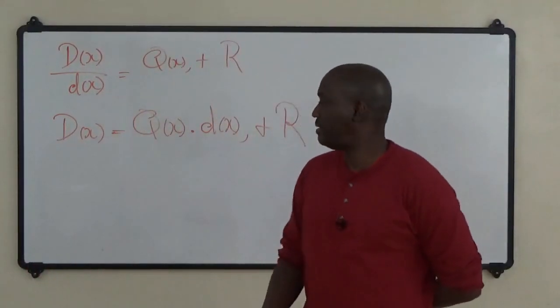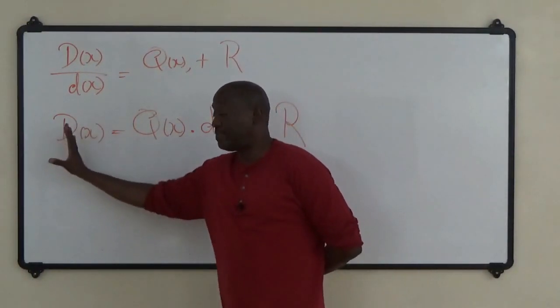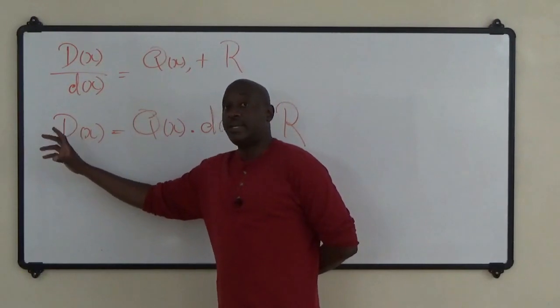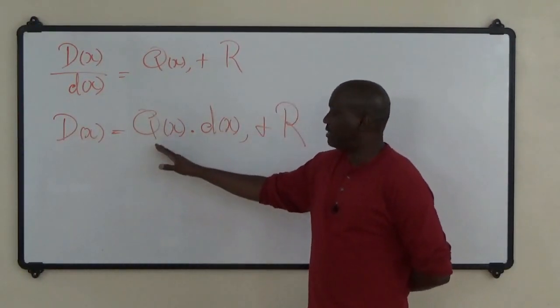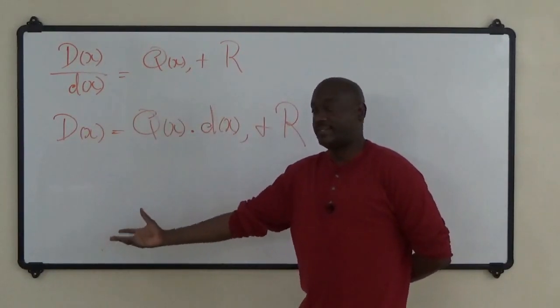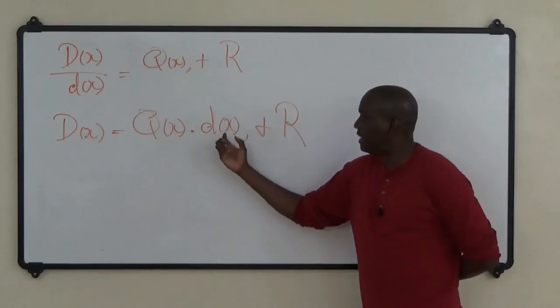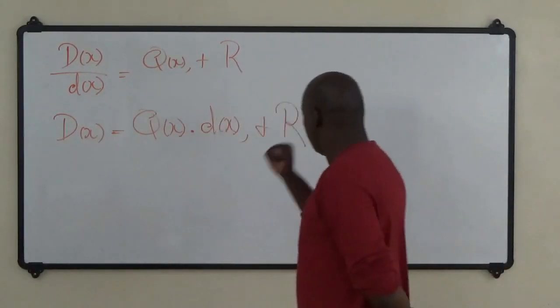So in other words, the value of d of x, whatever the expression d of x is, depends on what the value of x is. The value of q of x depends on what the value of x is. And the value of small d of x depends on the value of x.